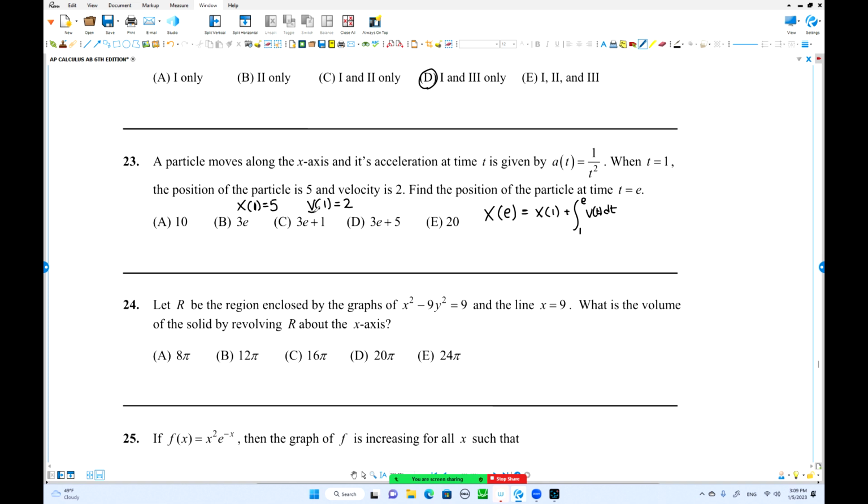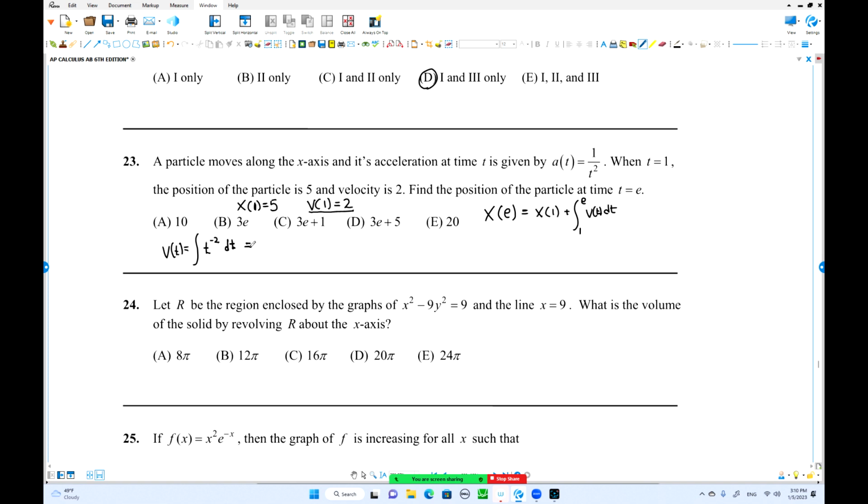This is already the initial condition over here. Maybe you can try this one. v(t) is the integral of a(t), that is 1 over t squared, which is t to the negative 2, dt.